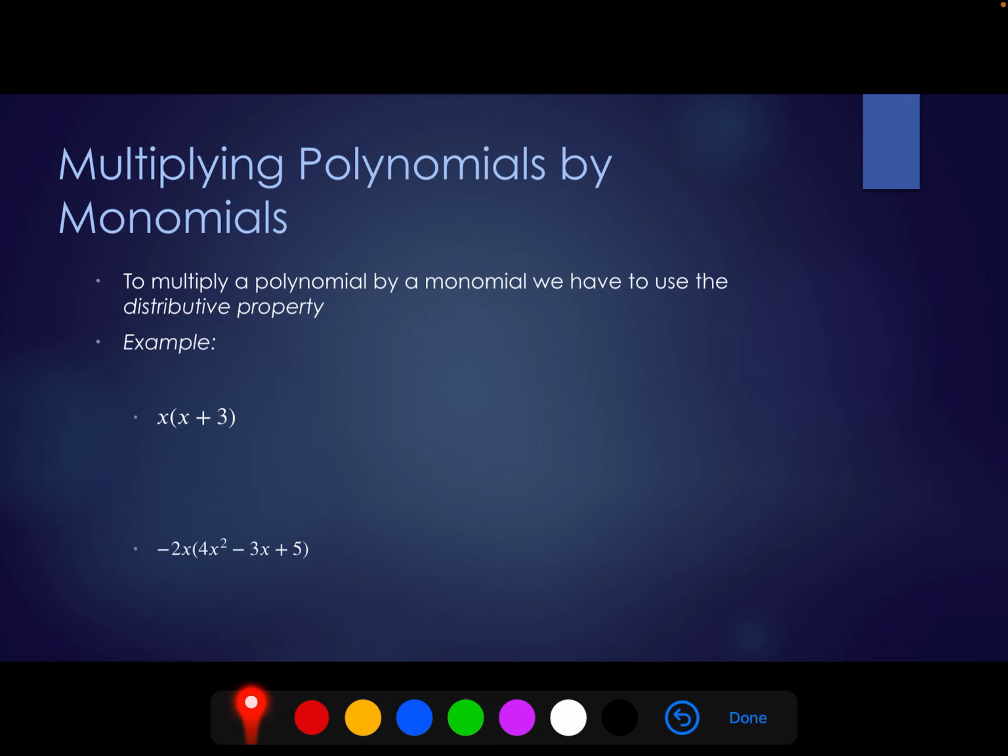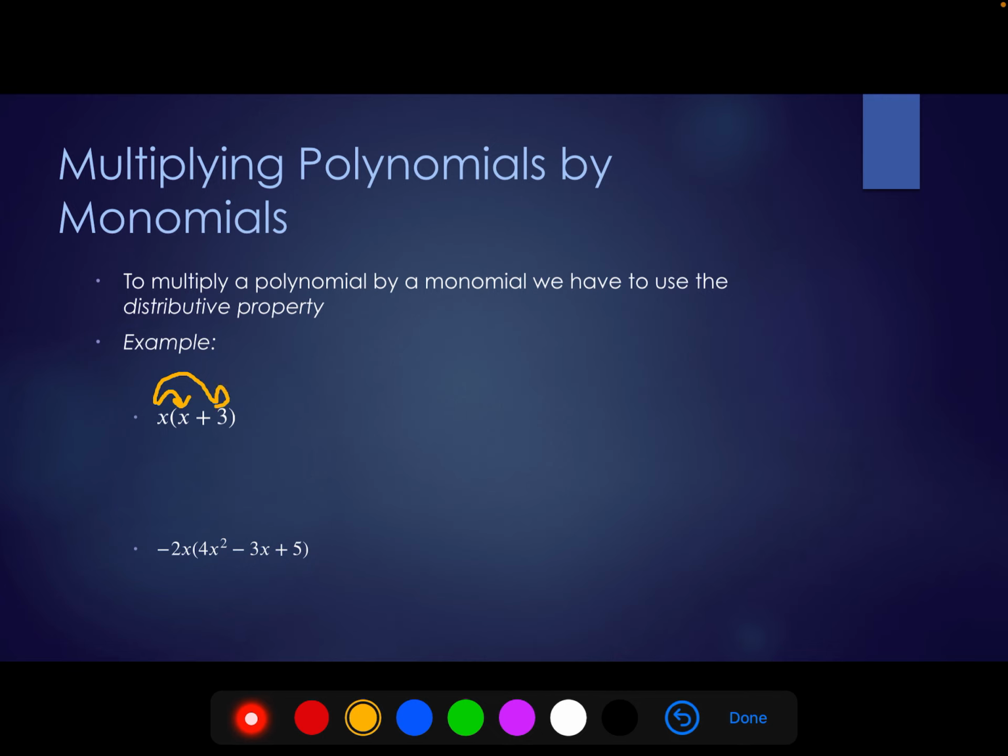When we do that, it's very similar to what we've been doing basically this whole year in math. All we have to do is use our distributive property. So for example, if we take a look here, we have x times x plus 3. So we want to use our distributive property here. We have to distribute this x to everything inside the parentheses.